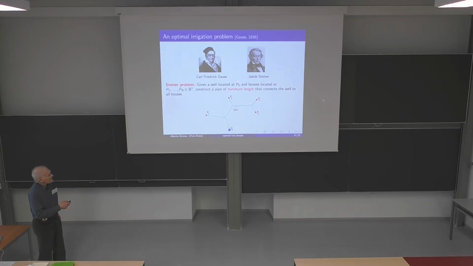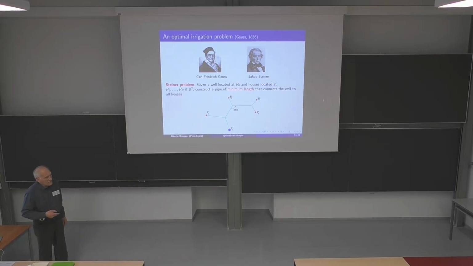That is the original Steiner problem. And you can see from this picture, the optimal shape is something like this, where all these angles are 2 pi over 3. So all these three angles have to be the same for optimality.